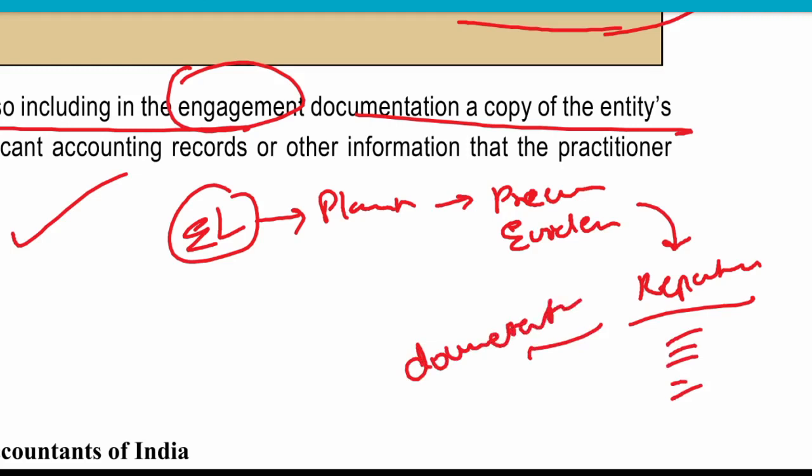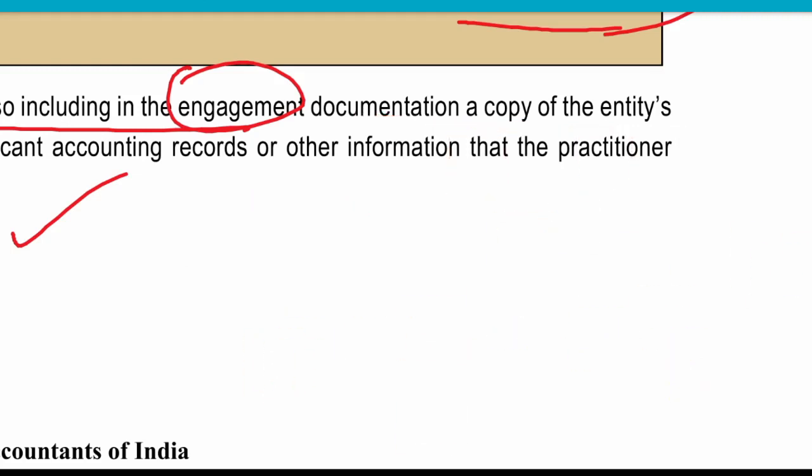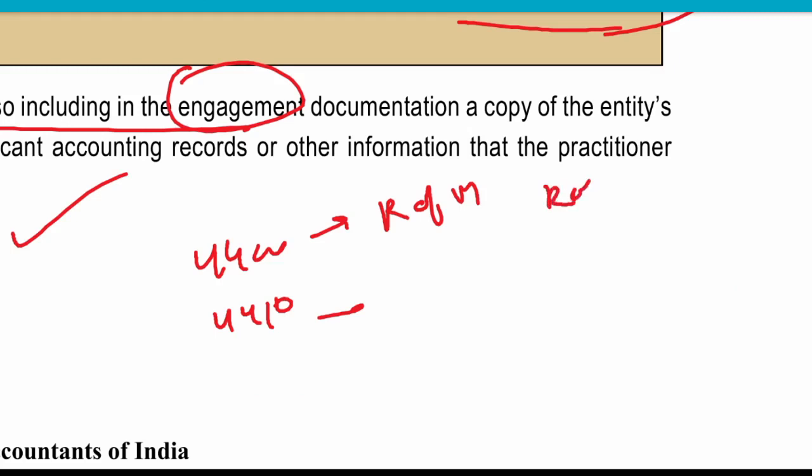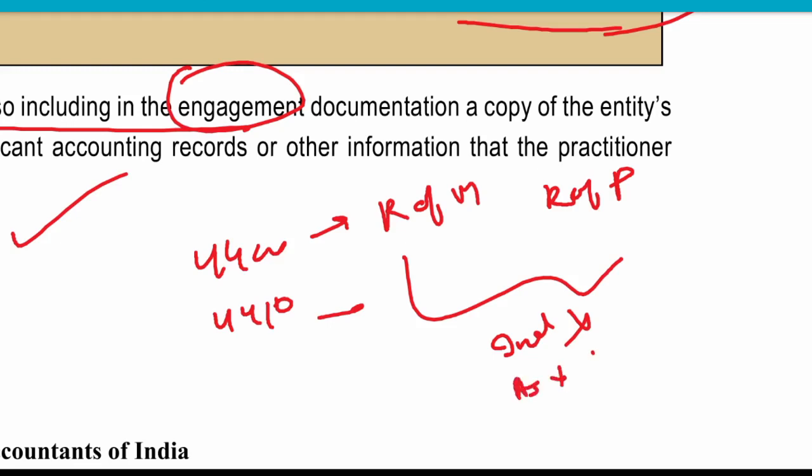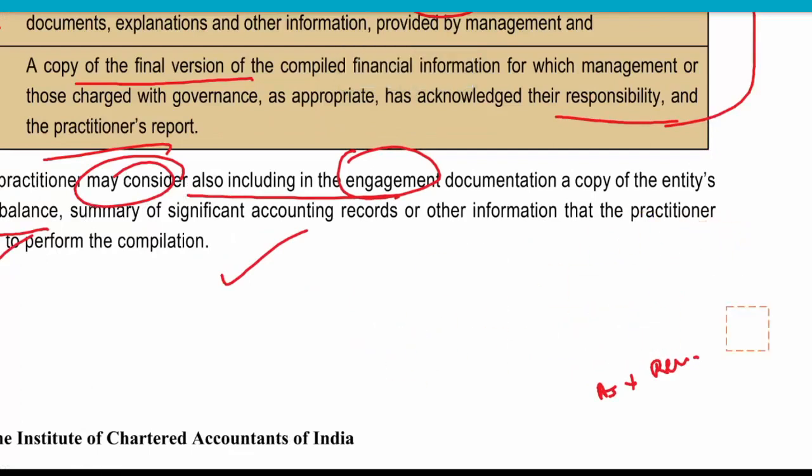Also in both of the SRS, you can mention, SRS 4400 and SRS 4410, what is the responsibility of management and what is the responsibility of our practitioner. In both of the cases, independence is not required. In both of the cases, you need to make sure to include that this is not an assurance, this is not a review. So by comparing both of them, you can easily remember.